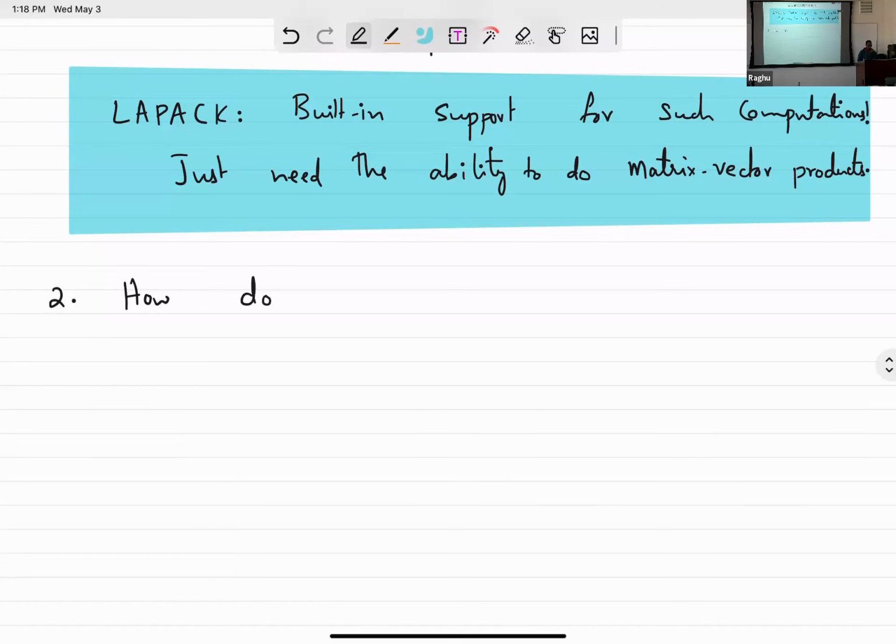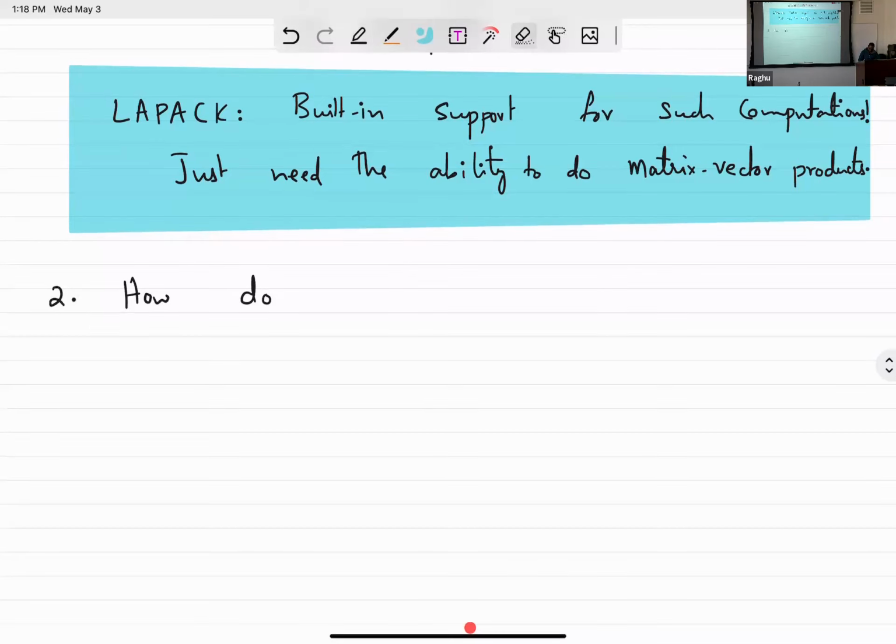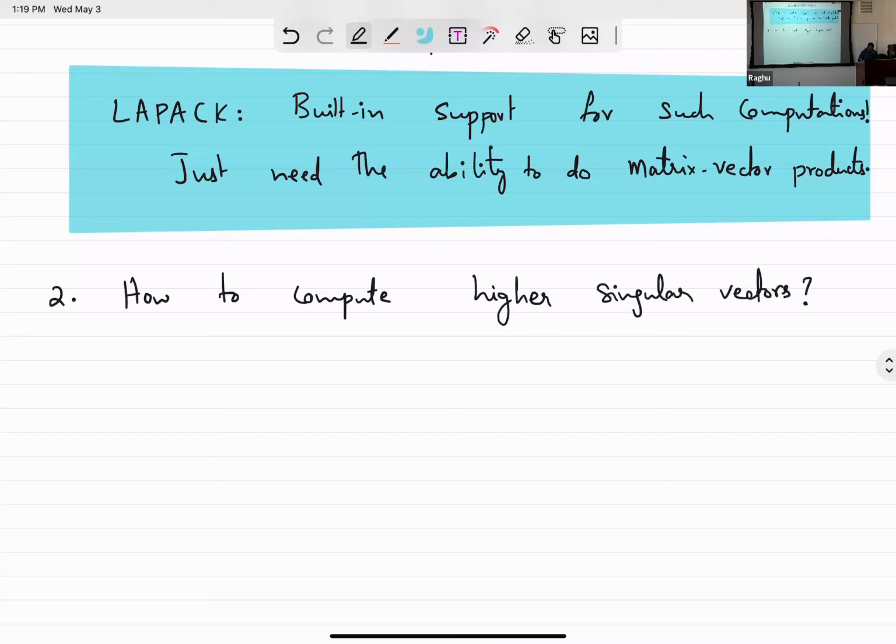And then let's come to the next question, right? How to compute the second singular vector? Well, there are two approaches.